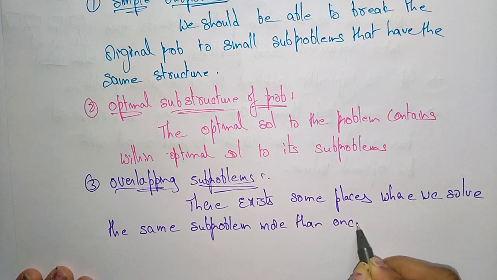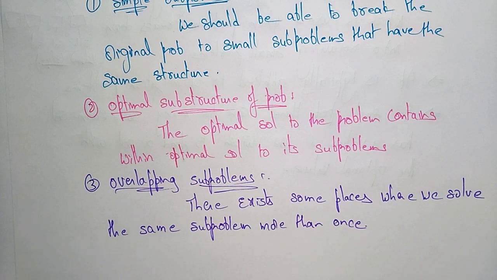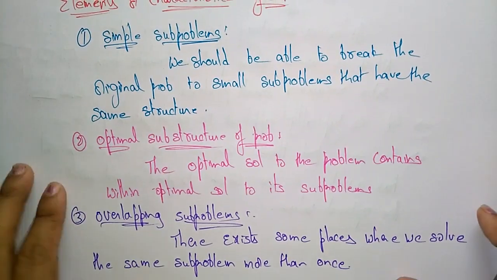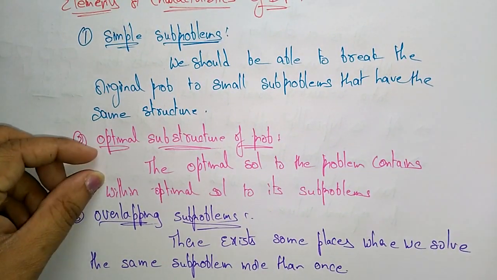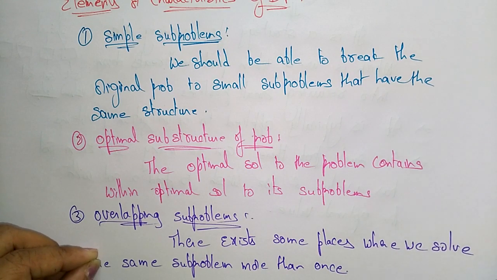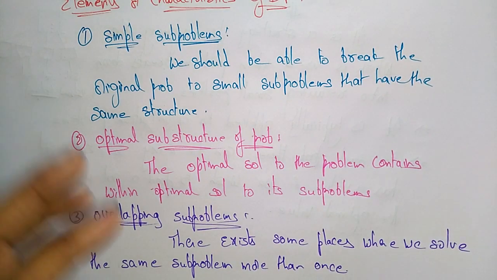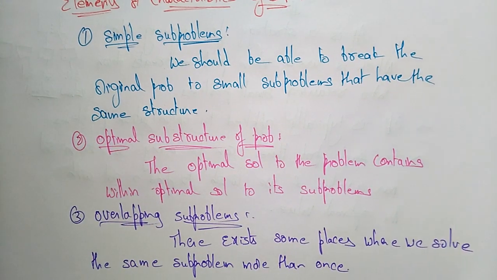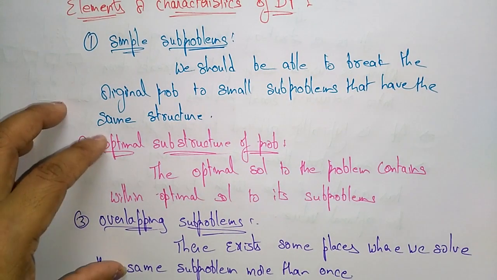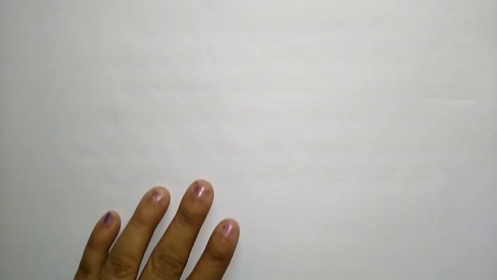In some cases we have to solve the same problem more than once, and that you call an overlapping subproblem. So these are the elements of dynamic programming: simple subproblems, optimal substructure, and overlapping subproblems, which we solve by following the strategy of dynamic programming.